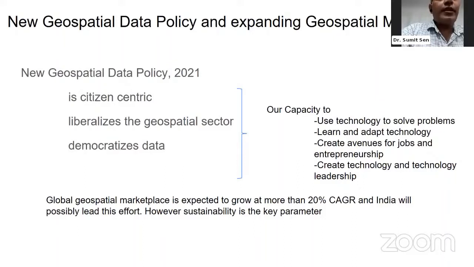Of course, create technology, but also create technology leadership. We know that more than 20% CAGR growth is expected in the geospatial marketplace, but sustainability of this growth is very key. So can we go to the next slide, please?